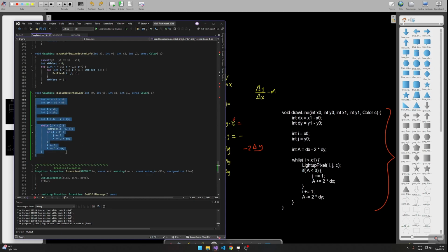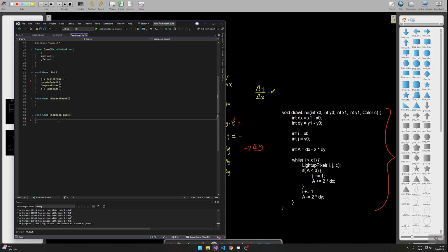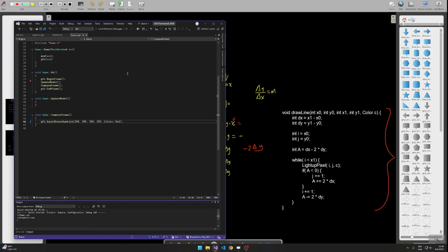Here you have the implementation of this algorithm, and we're going to test it. I'm going to use Bresenham's line, provide my first point, and advance 100 pixels to the right and 50 pixels upwards. And I'm going to provide a color for this line to be rendered.